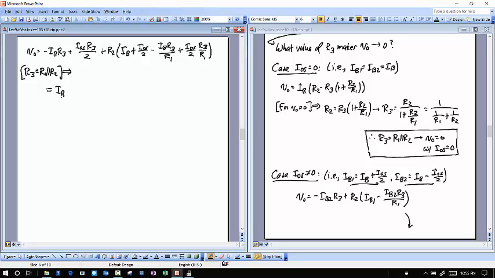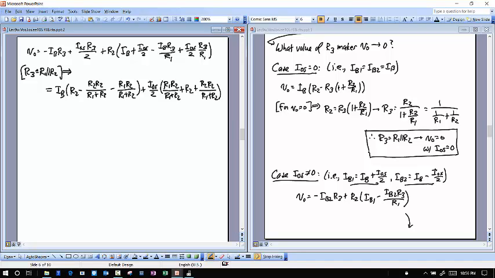let's see, IB times R2 minus R2 times R2 over R1 plus R2 minus R1 R2 over R1 plus R2, okay, and then plus the input offset current IOS times R1 R2 over R1 plus R2 plus R2 plus R2 R2 over R1 plus R2.